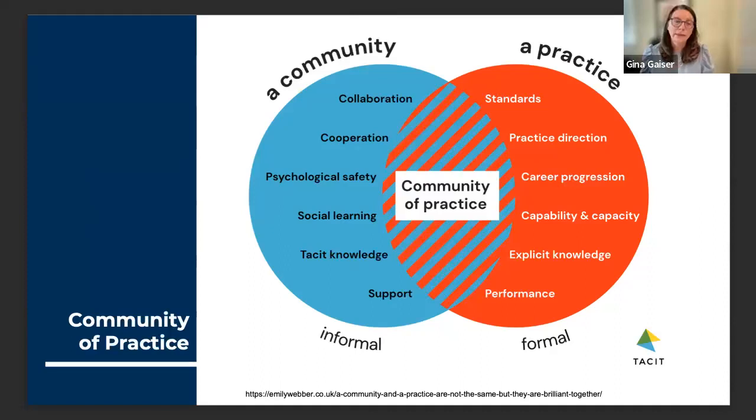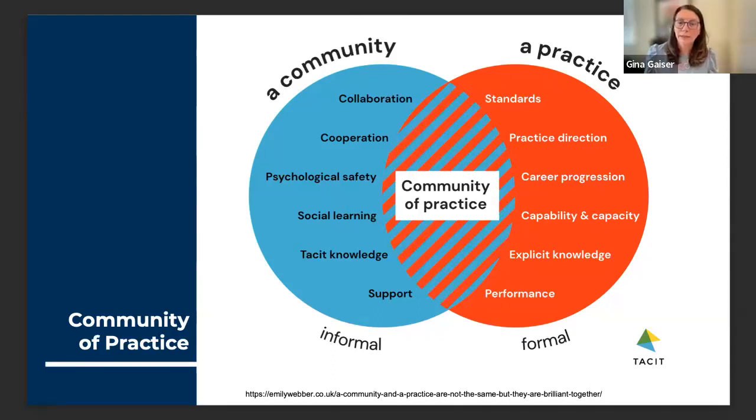Here's a graphic of a Venn diagram that uses overlapping circles to illustrate the similarities and differences between a community and a practice. The similarities are represented in the overlapping portions of the circles, while differences are in the non-overlapping portions. First, looking at the attribute of a community, you might think about people that work together, collaborate, cooperate, and support each other.